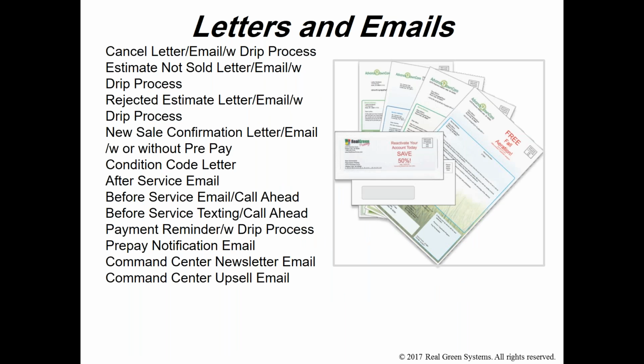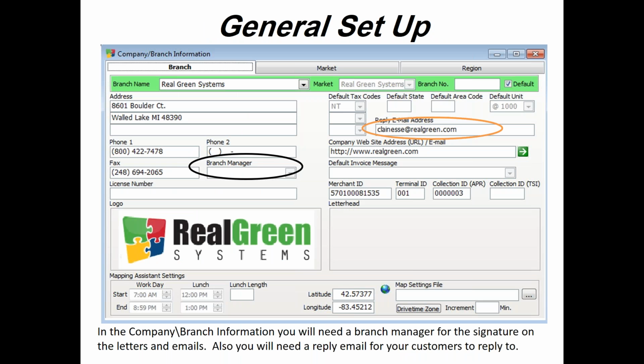So again, we have everything with AMA from top to bottom, from a canceled drip all the way to our command center, and also adding that before service text that can also be used as a call ahead. So basically, we want to always make sure that you have a reply email.